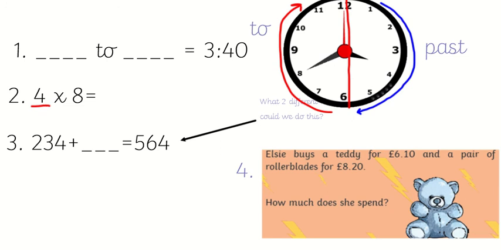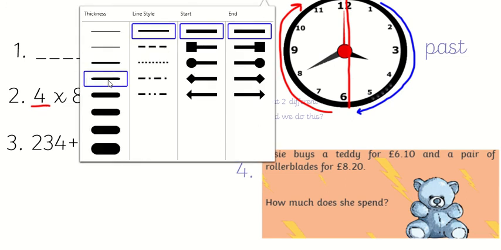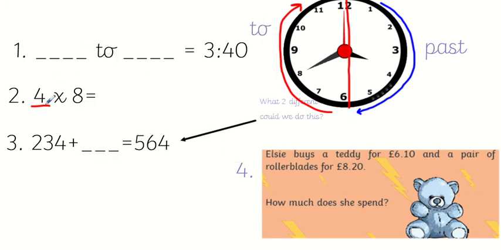If you're not too sure, then I would like to show you our arrays again. The first number will tell us how many will be in our row. So I know that I have 4 in a row. Then the next part of the question tells me how many times I need to do that row. So I would need to do 4 in a row 8 times.